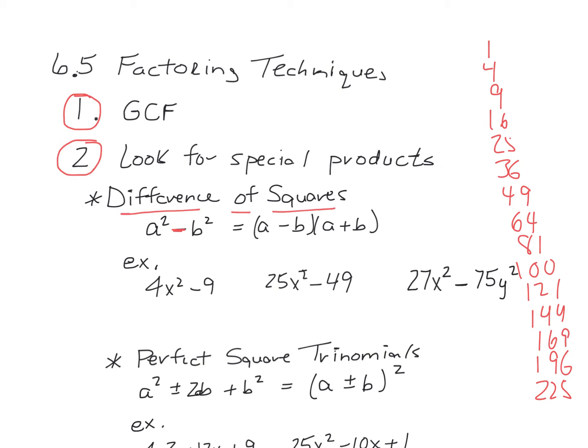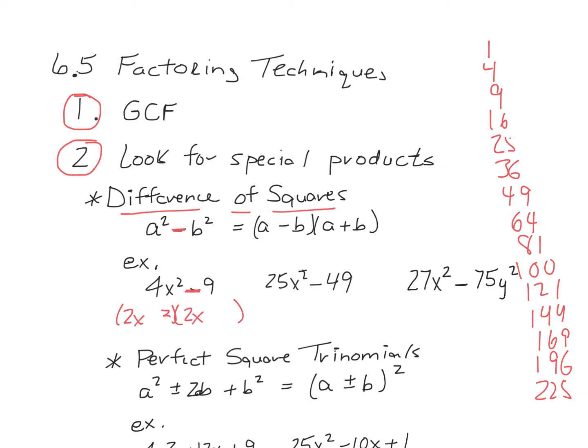A couple examples. 4x squared minus 9, this is definitely difference of squares. There's two terms, it's subtraction, and these are perfect squares. So to factor this, I want to find what do I square to get 4x squared, or what is the square root of 4x squared, which would be 2x and 2x.